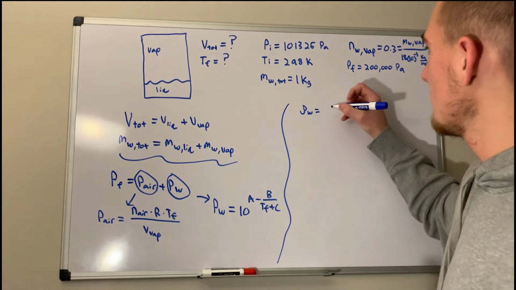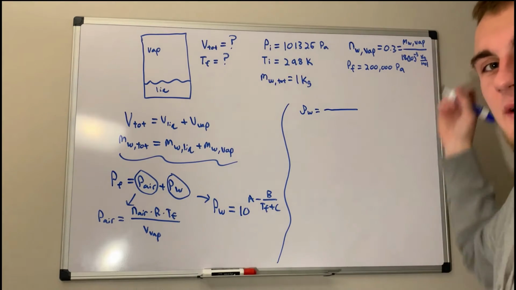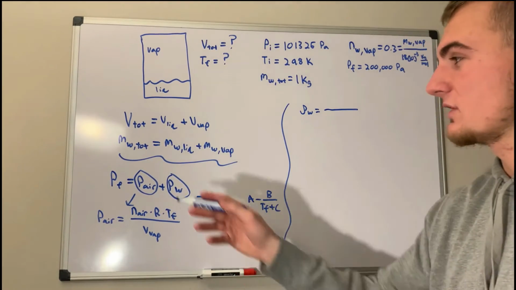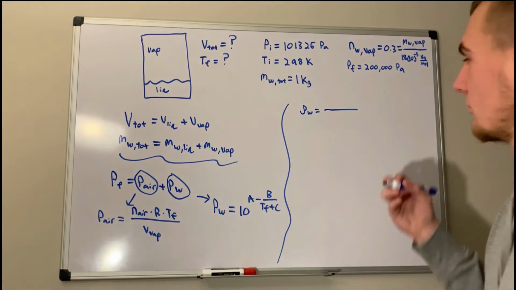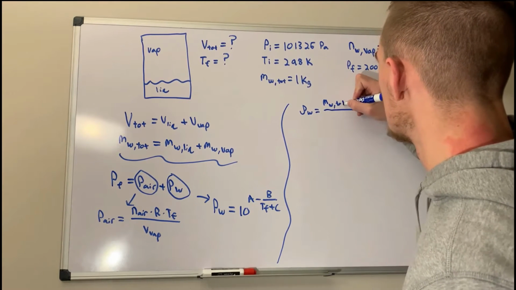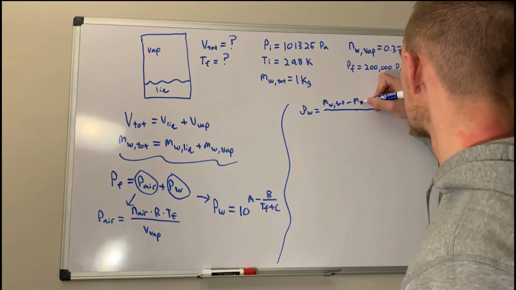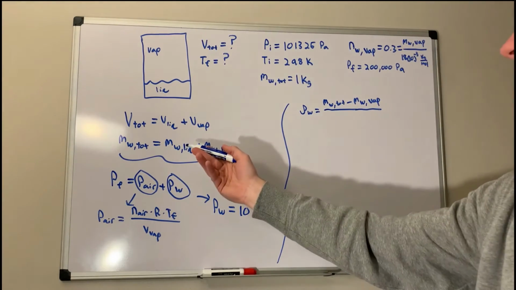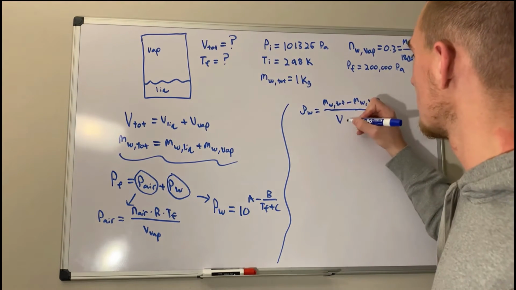Since we already know the mass of water in the vapor phase, we can say that the mass of water in the liquid phase will be equal to the mass of water total minus the mass of water in the vapor phase. So the mass of water total minus the mass of water in the vapor phase, again, that is the mass of water in the liquid phase. This will all be divided by the volume of the liquid phase.